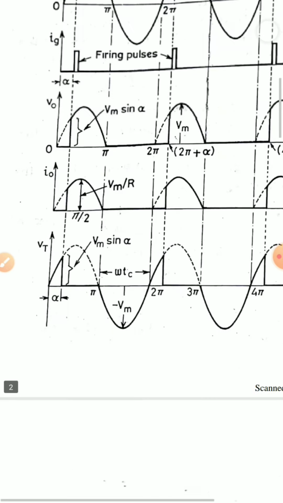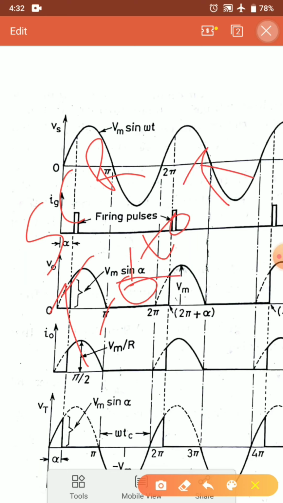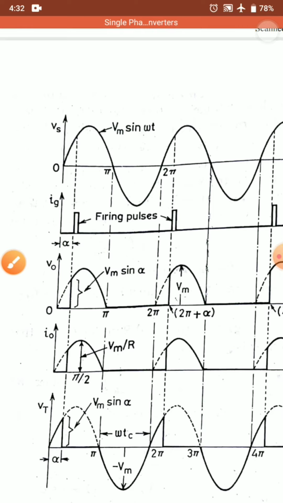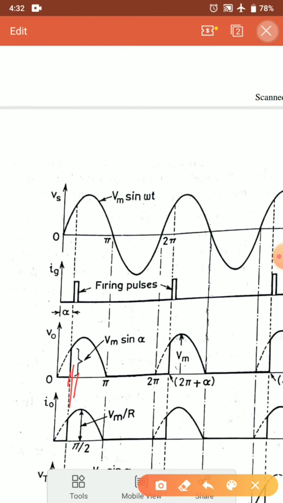From the diagram it is quite clear that if I consider one cycle, my SCR operates from alpha to pi. From alpha to pi my thyristor is conducting.